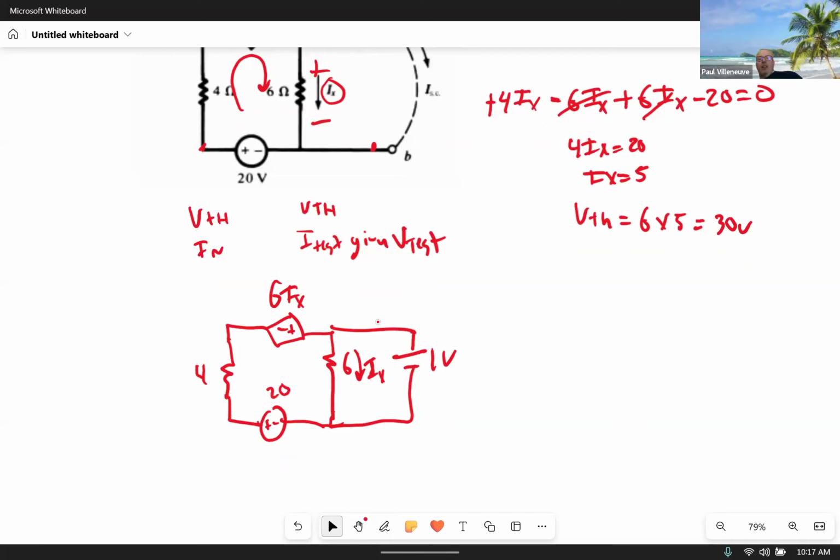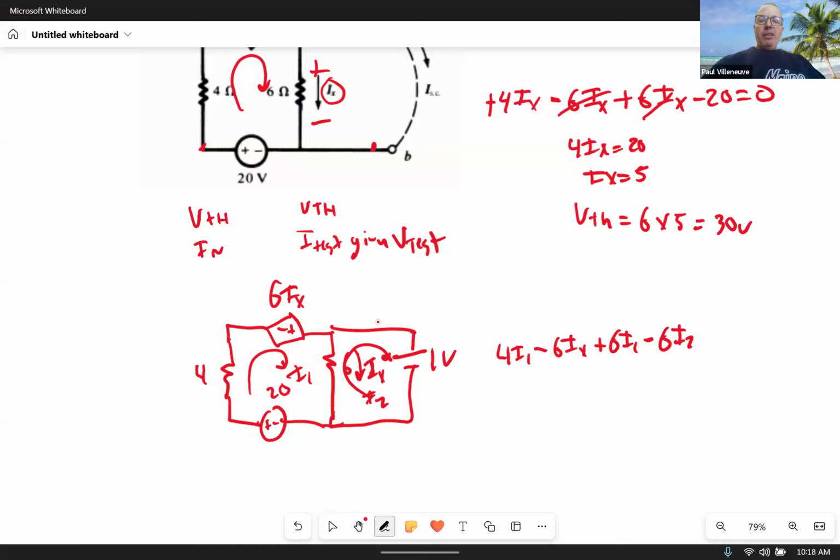Again, I'll probably just do mesh because I have a bunch of nodes over here. Now I have to be careful because this is I1 and this is I2. In the first case, I1 was equal to IX. That's not the case anymore. So I have 4I1 minus 6IX plus 6I1 minus 6I2, and then minus 20 equals 0.